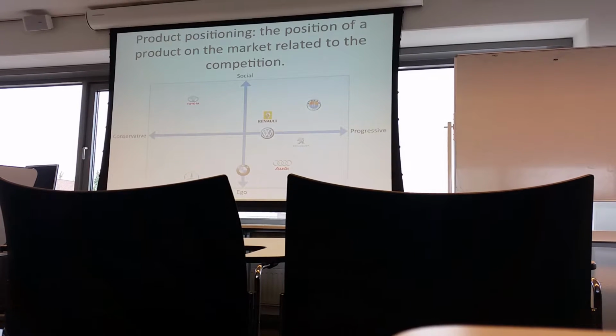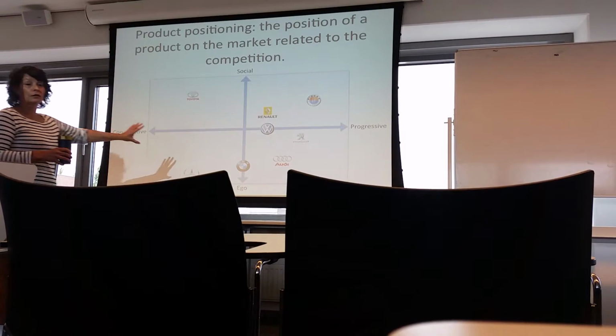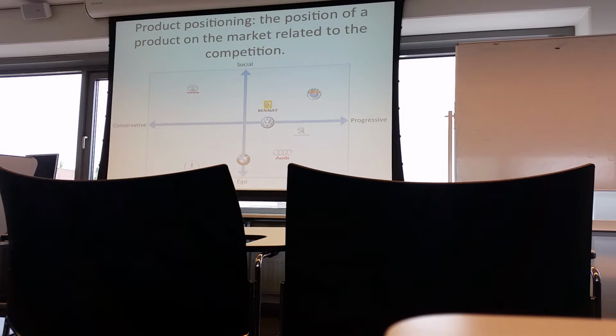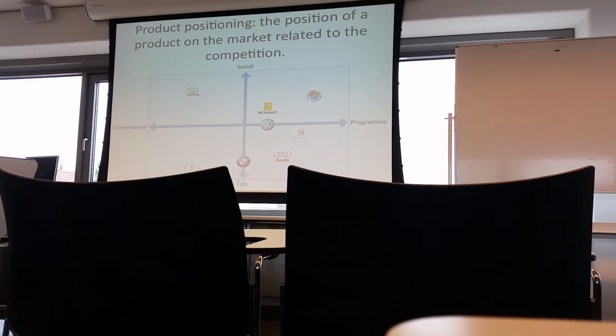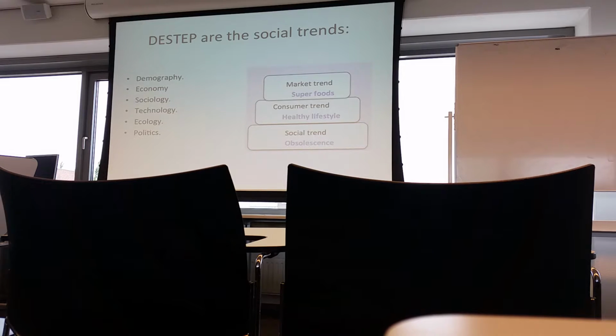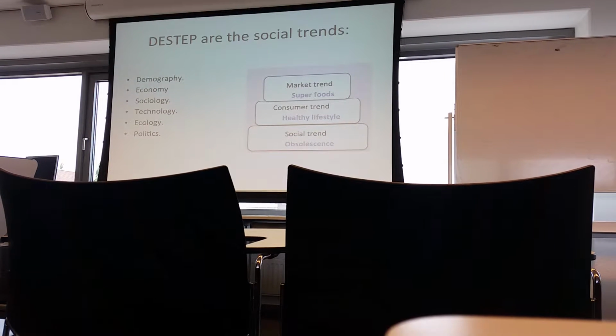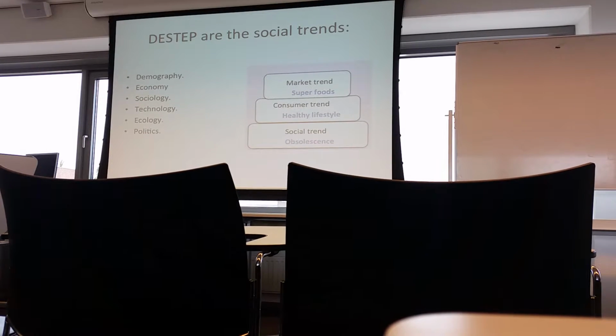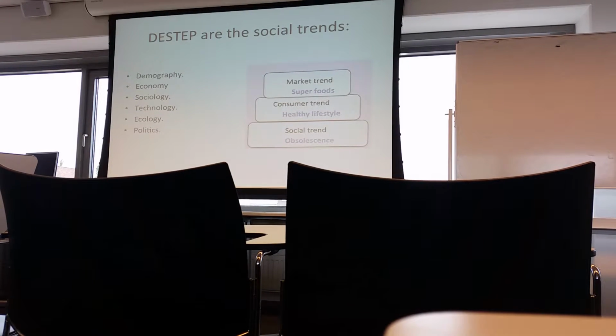Remember that you can place any aspect on this axis. You decide what you're going to take a look at. So that was an important part of it. Of course, the D step is an important part of this second lecture and connected to the social trends.